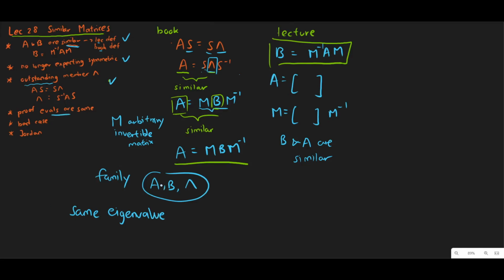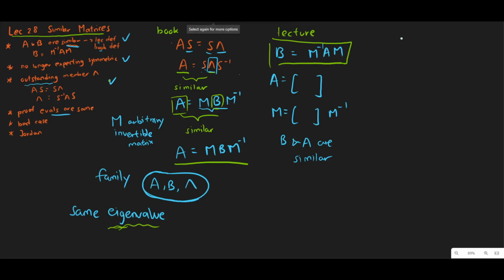Just remember that the first characteristic of being in the same family, of being similar, is that they have the same eigenvalues, but this alone is not enough. I will tell you more about that in part 2 when we talk about the bad case and the Jordan form. But first, one requirement of being similar matrices is that they have the same eigenvalues.